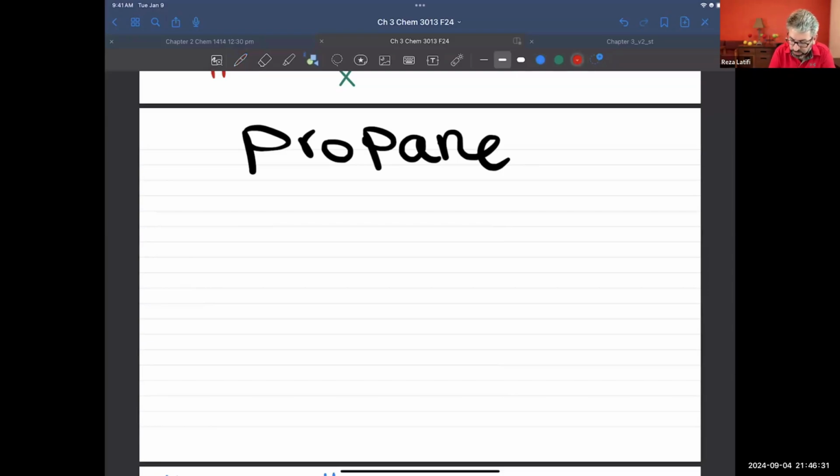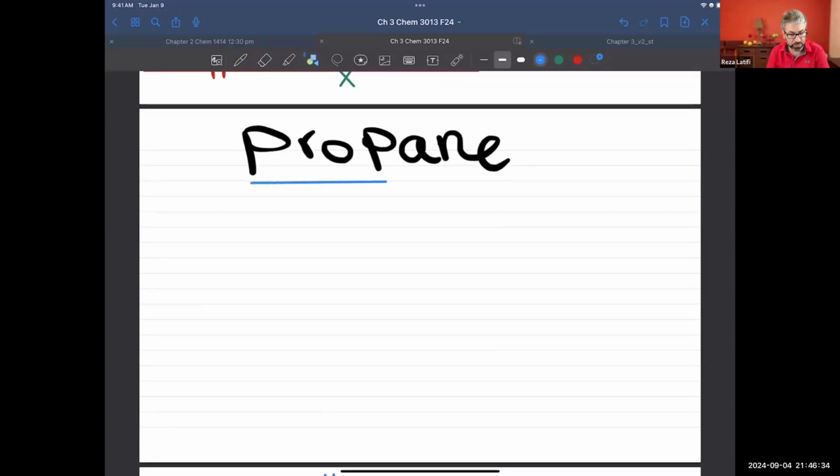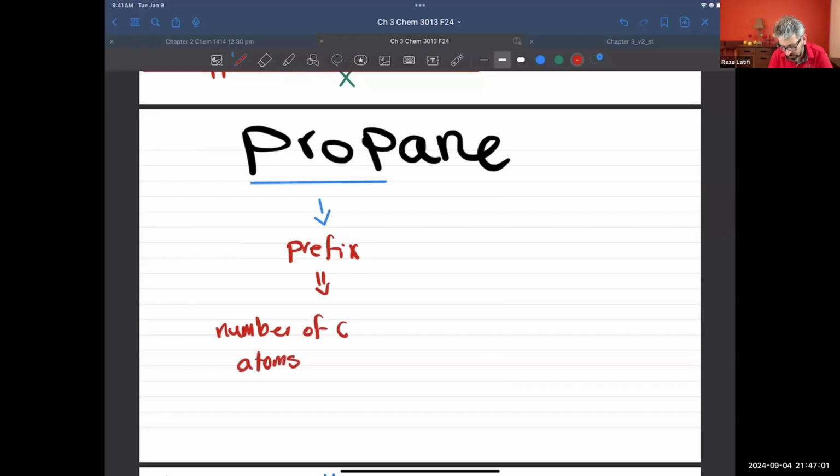The first part of the molecule, I'm going to call it the prefix. Prefix is going to show you the number of carbon atoms that you are dealing with. So this one will give you the number of carbon atoms inside the parent chain.